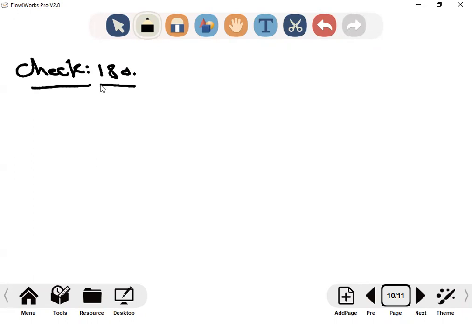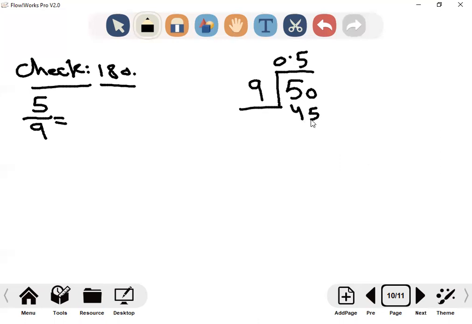We have: write 5 over 9 as a decimal, determine if it's repeating or not. So we have 5 over 9. It's positive, not negative. We make division. Let's divide. Don't do 9 divided by 5. 0 decimal 0, right? 50 on 9, 5. 5 by 9, 45.